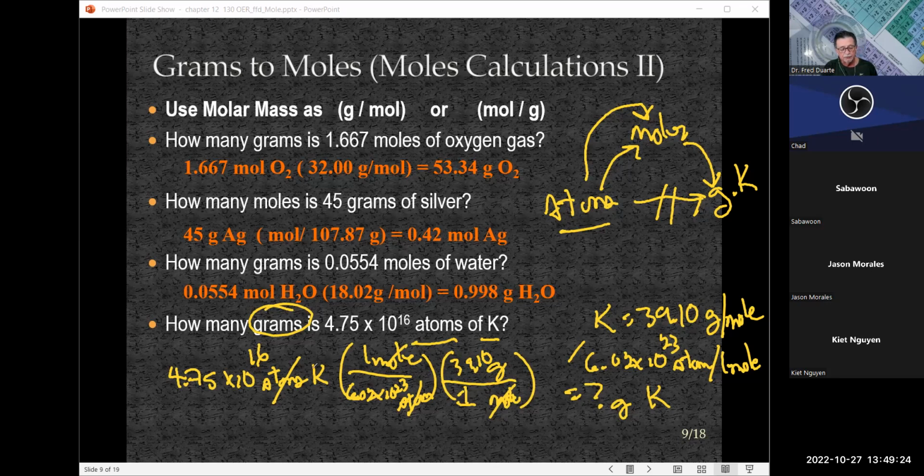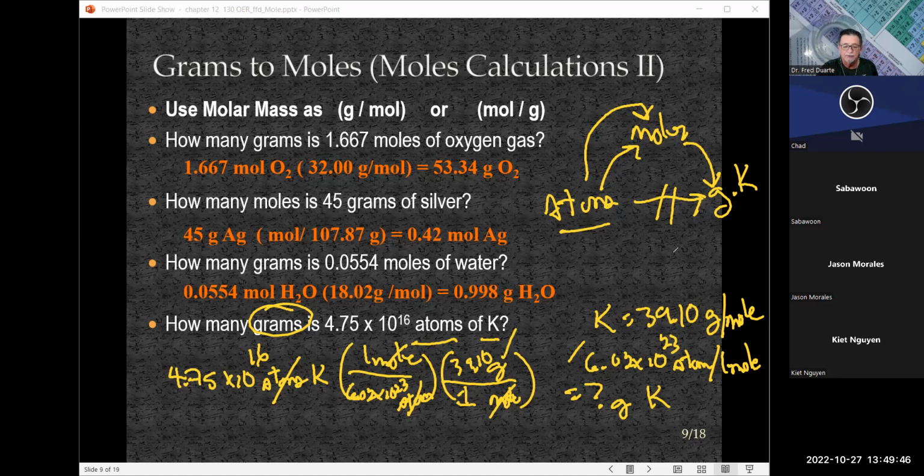Notice all the units canceling out. Atoms cancel out, moles cancel out, leaving me with units of grams. And I set up 2 conversion factors. A typical calculation that we're going to be doing requires at a minimum 3 conversion factors.